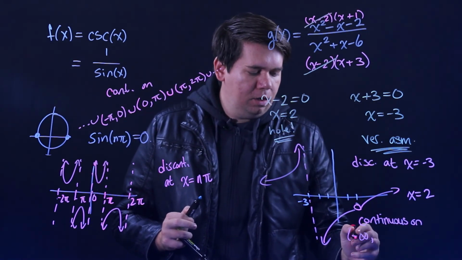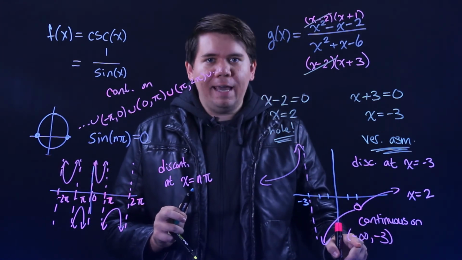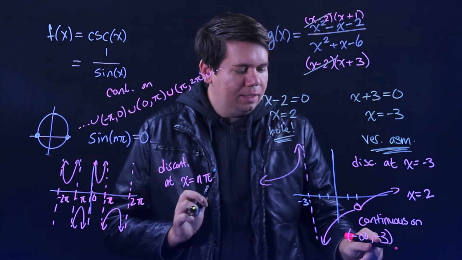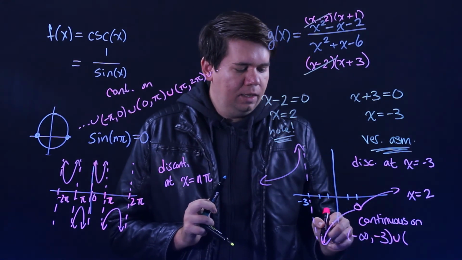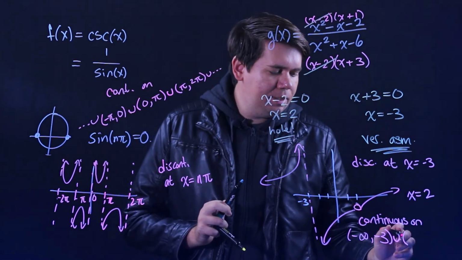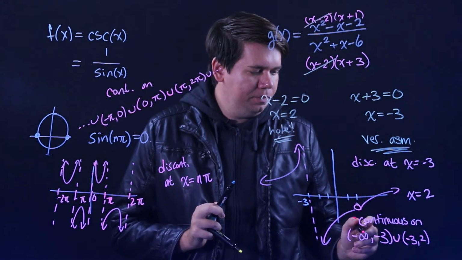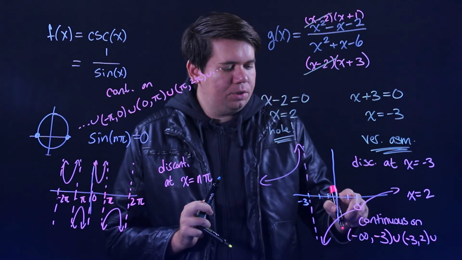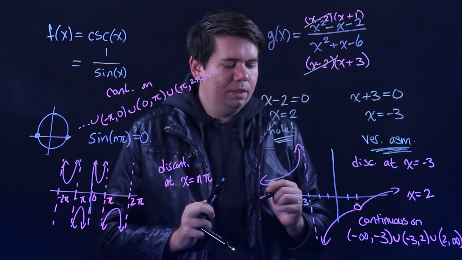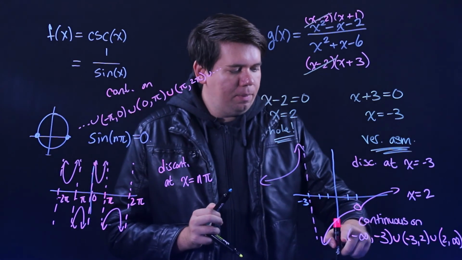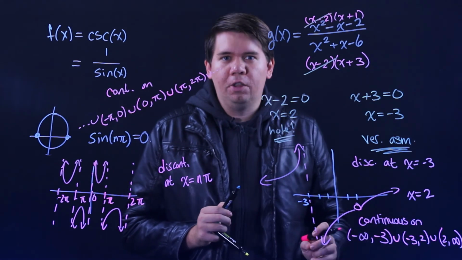So from all the way in the negatives, -infinity to -3, not including -infinity because it's not a well-defined value, not including -3 because it's not defined there, union everything from -3 up until 2, not including the 2 because it's not defined there, and then everything from 2 off to +infinity, but not including +infinity. So I'm using my round bracket notation, my parentheses, to indicate not including those values.